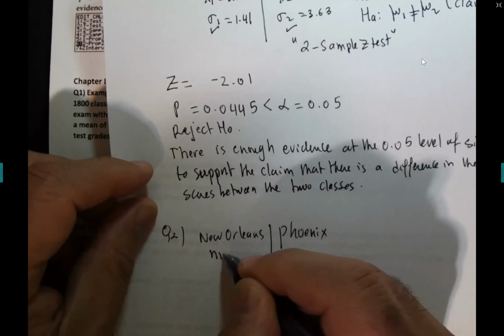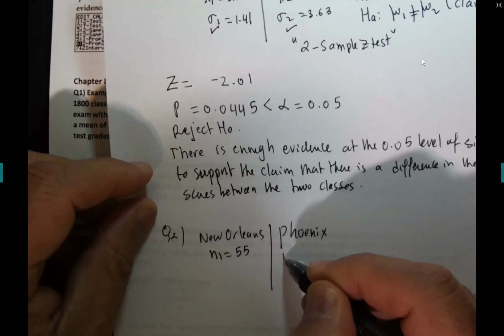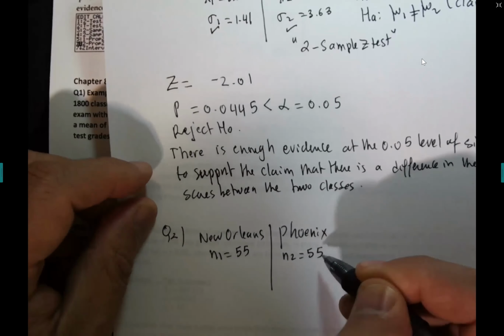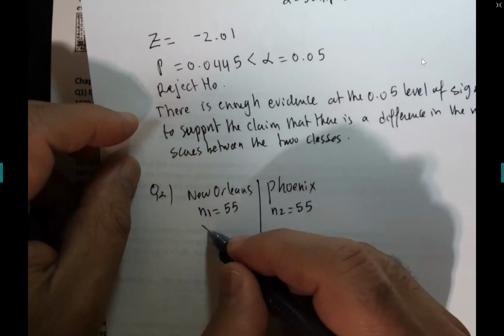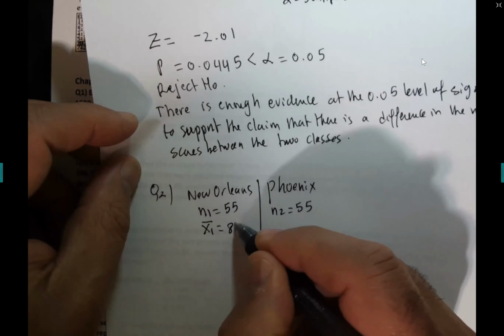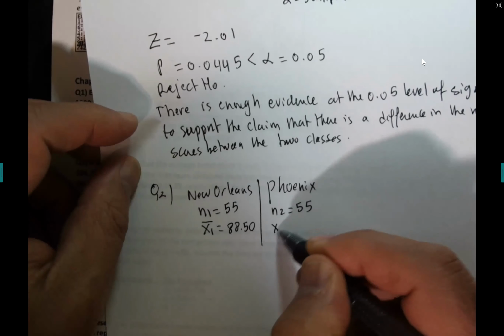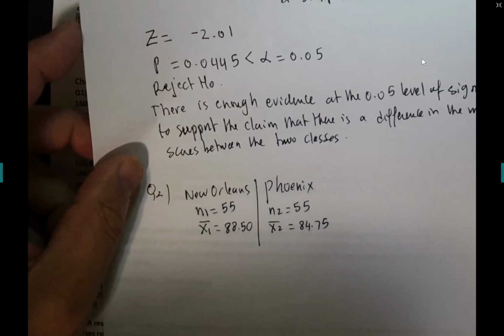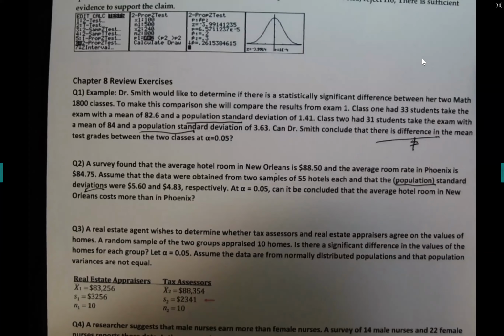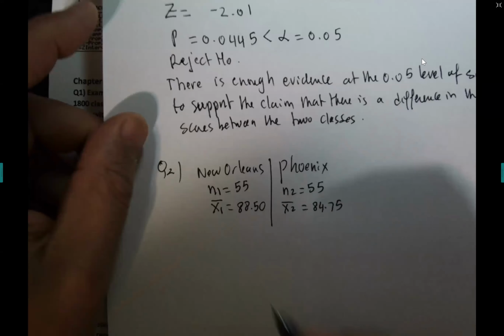So N1 is 55. He says 55 hotels in each. And that's 55. Then it says the average in the New Orleans is 88.50 and Phoenix is 84.75. Then he gives us the population standard deviation of each, 560 and 483.